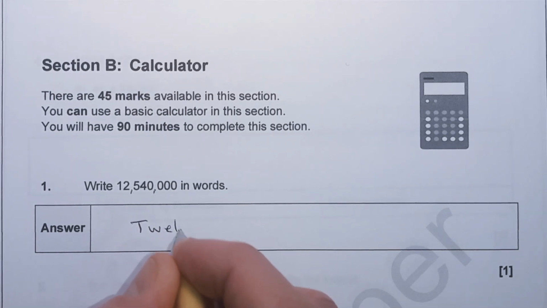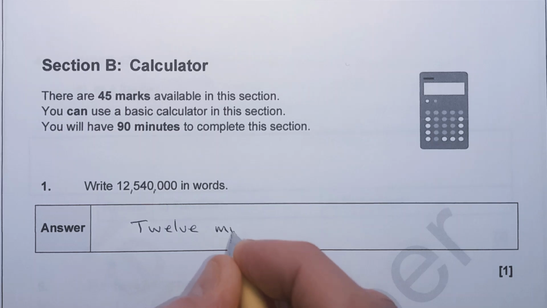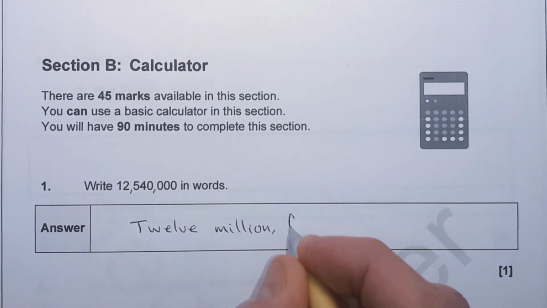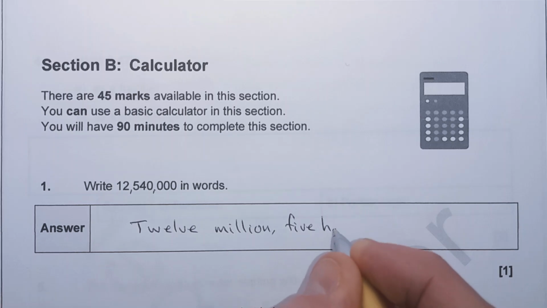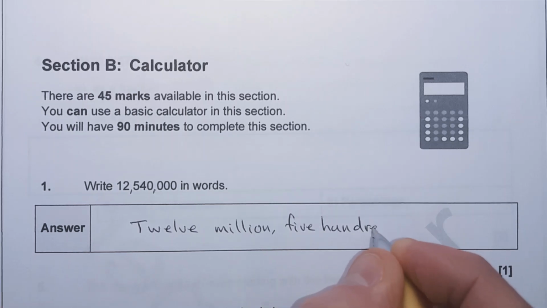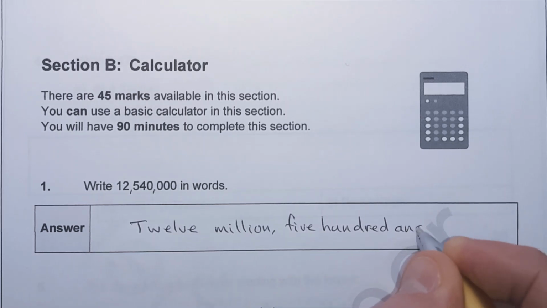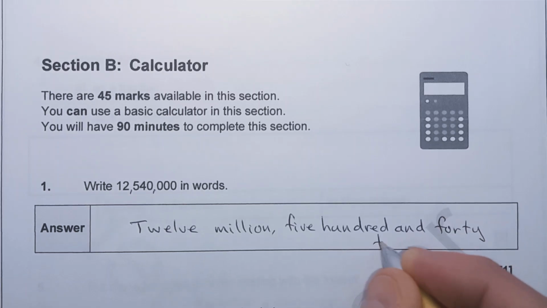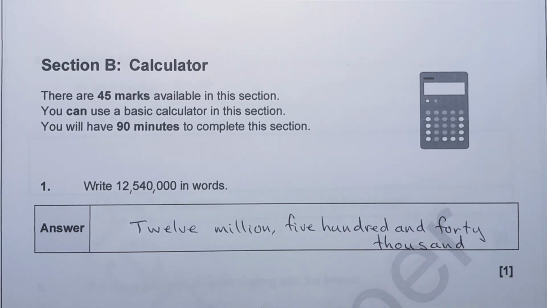So 12 million. Put my comma in. 540. Oh, I've run out of space. Put it underneath. 1,000.